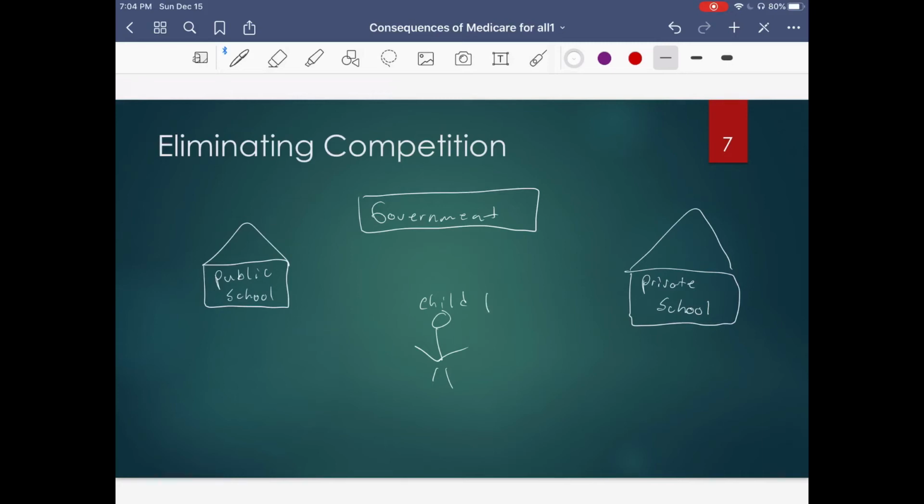So the government collects taxes to fund this public school. Private schools are obviously privately funded. So in this example, this child one is not prohibited from attending private school, even though the government is collecting taxes to fund this school.